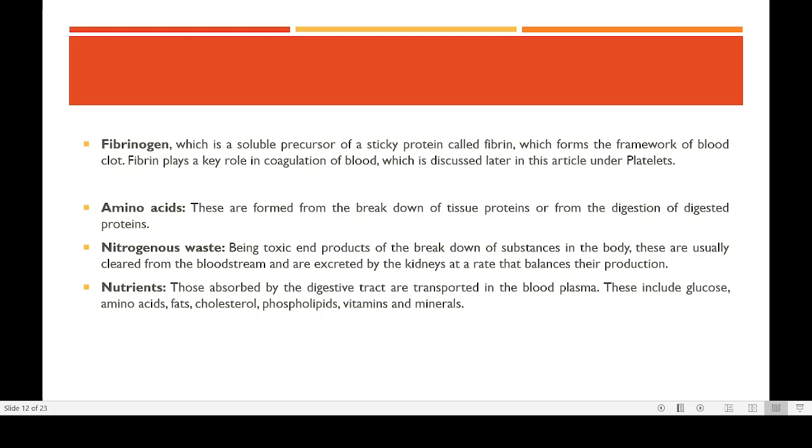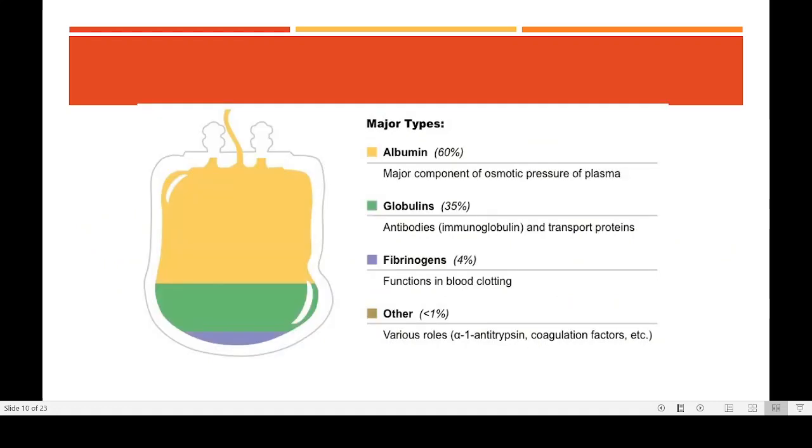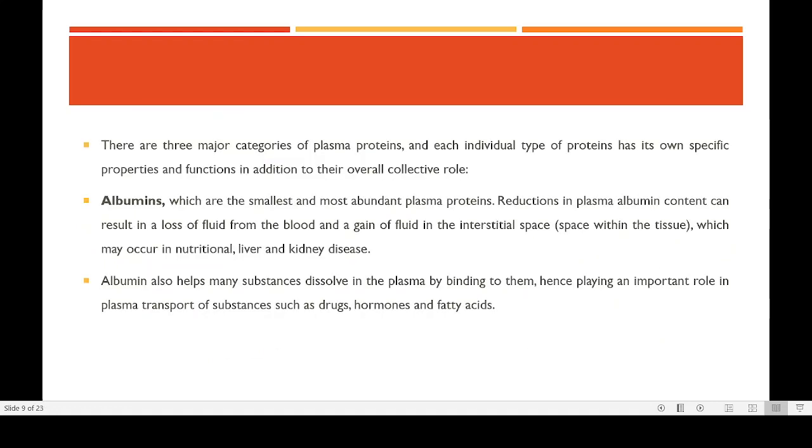So for the formation of a blood clot also, fibrinogen is an important protein, and fibrin plays a key role in coagulation, which we will be studying later. So these are the three major types of protein: we have albumins, we have globulins, and we have fibrinogen.